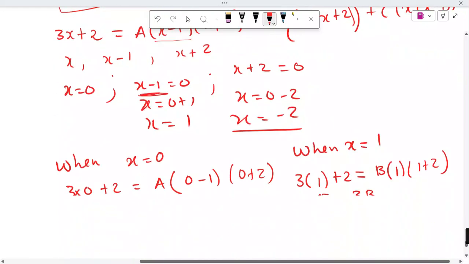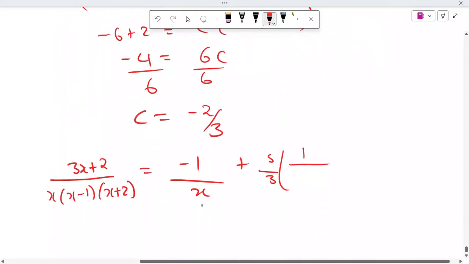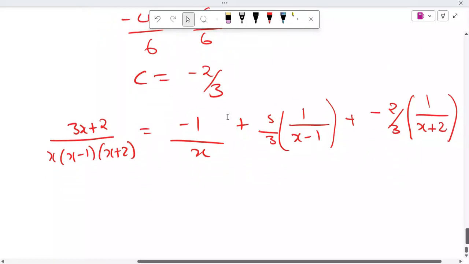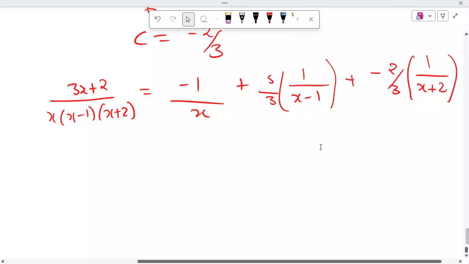Make sure you write the proper coefficients the same way you had written them when solving. Then plus C, negative 2 over 3, 1 over x plus 2. So instead of integrating this equation, you can easily integrate these, which are linear fractions.